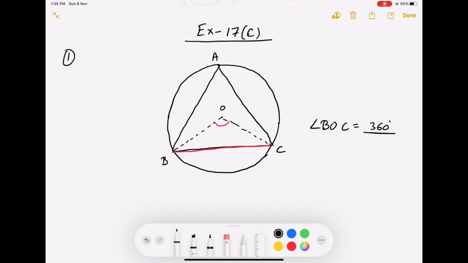Now an equilateral triangle has 3 sides, so 360 divided by 3, which is 120 degrees. So angle BOC is 120 degrees.